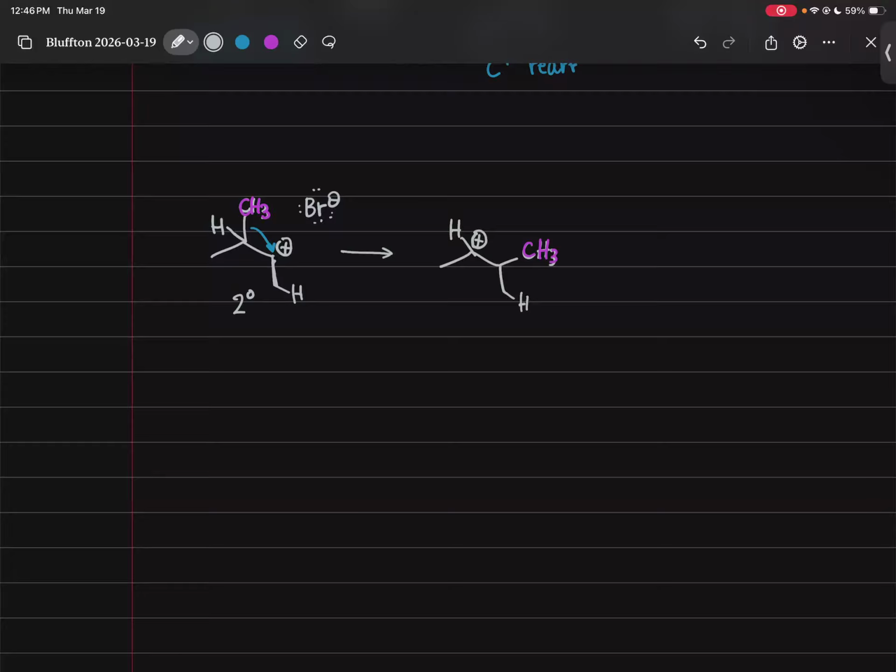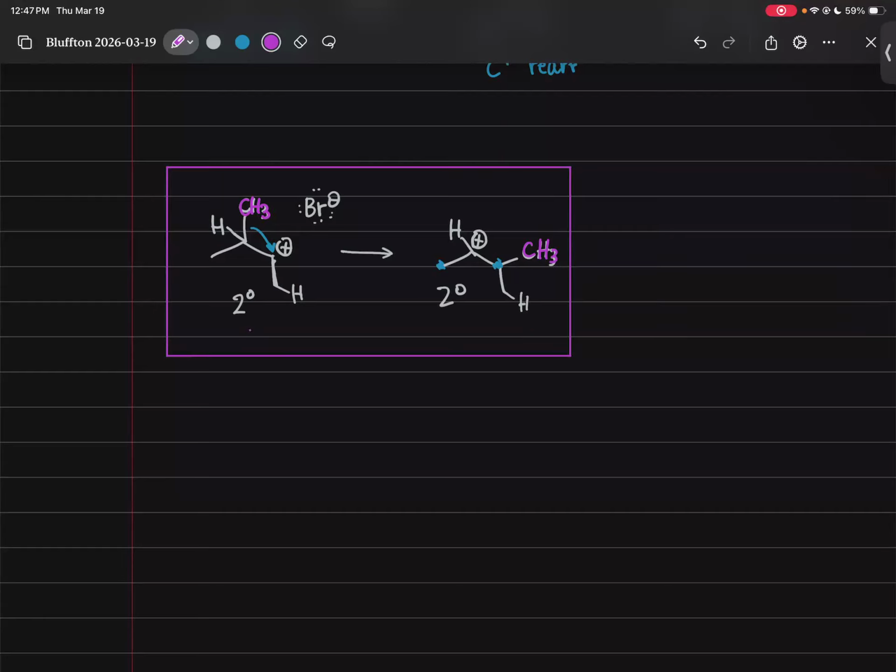Now that carbocation has two carbon groups attached to it. It's got a third bond, but it's still hydrogen, so this is still a secondary.